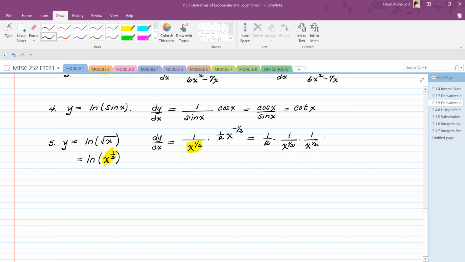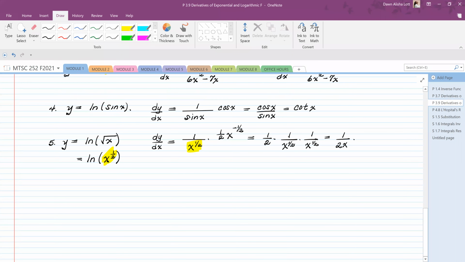So now I have a 2 in the denominator. And then x to the 1/2 times x to the 1/2 is just x. That makes sense. Okay.